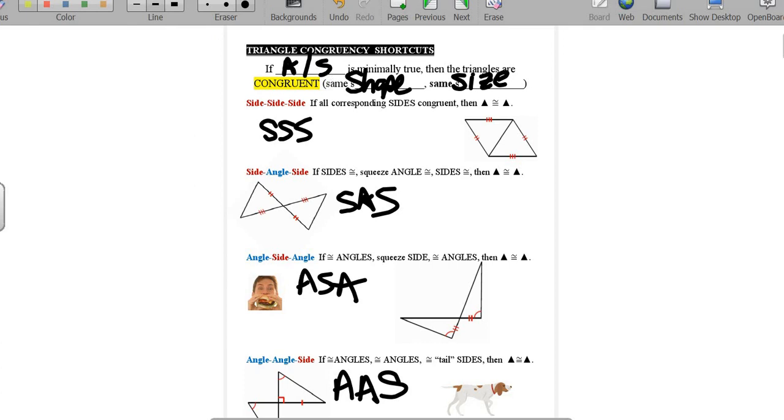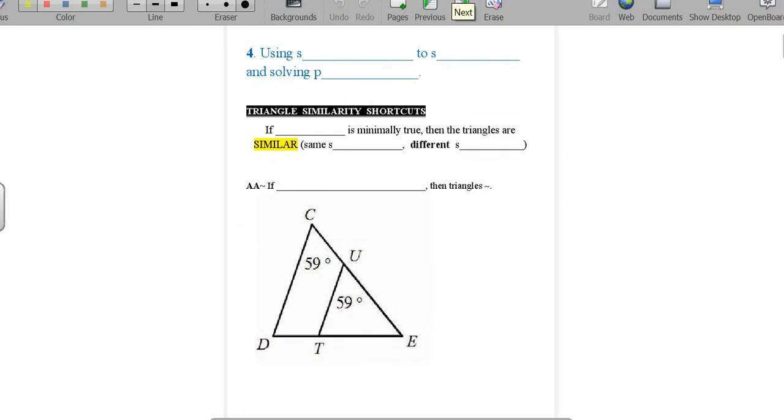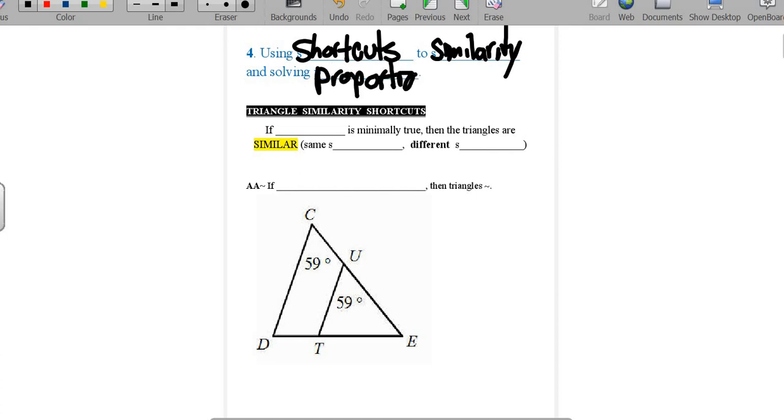These gave us triangles which were the same shape and the same size. Similarity shortcuts, we're going to use for solving proportions. If something is minimally true, then the triangles are similar, not congruent, similar, which is same shape, different size.